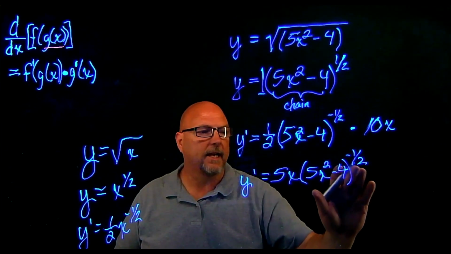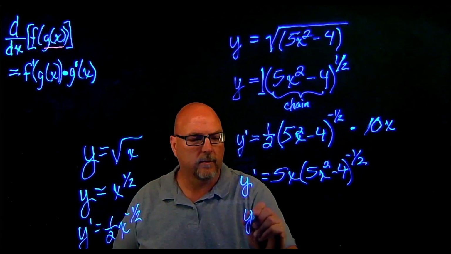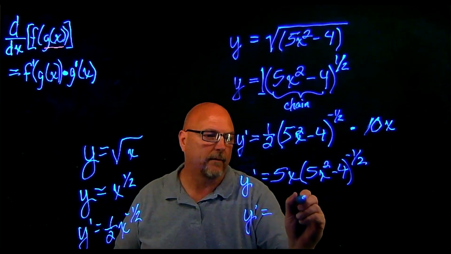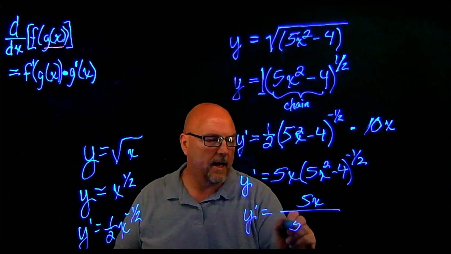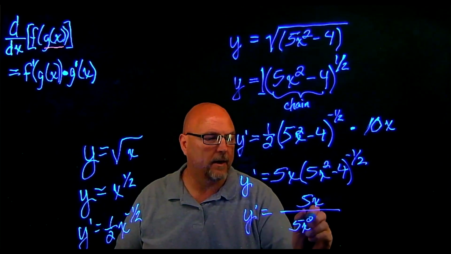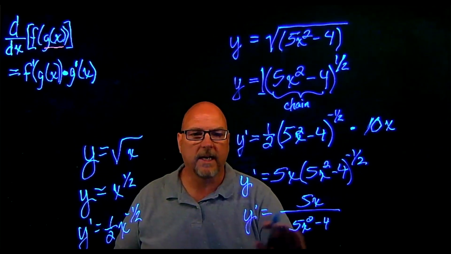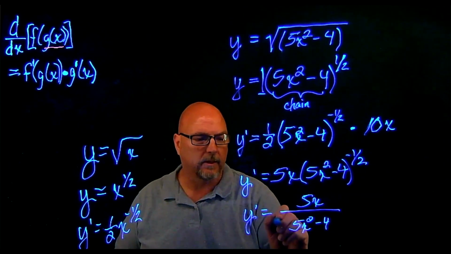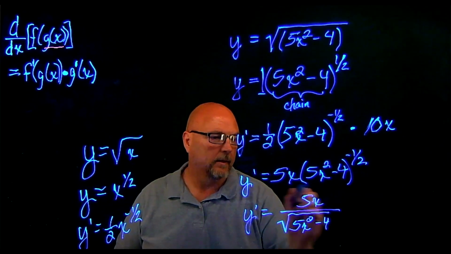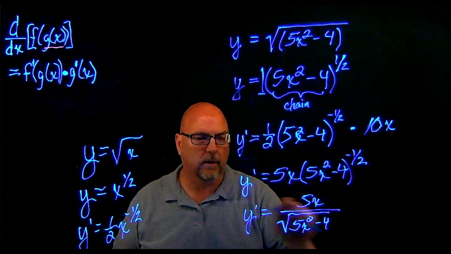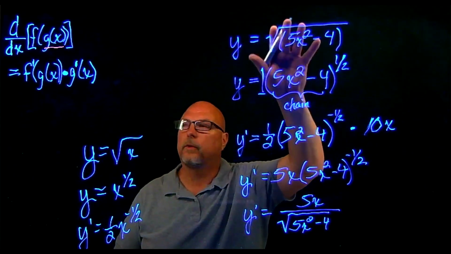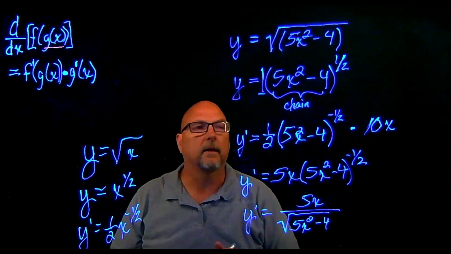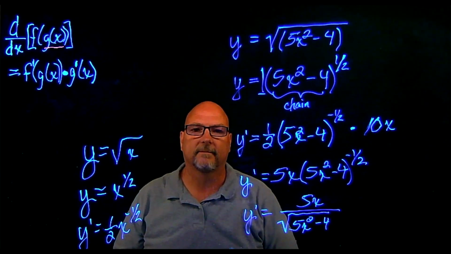Usually we don't have a negative exponent in the numerator, so you might see it written this way: 5x all over 5x squared minus 4. And you might even see the exponent replaced with a square root symbol. So there you have it. How to do the chain rule when you have a radical.